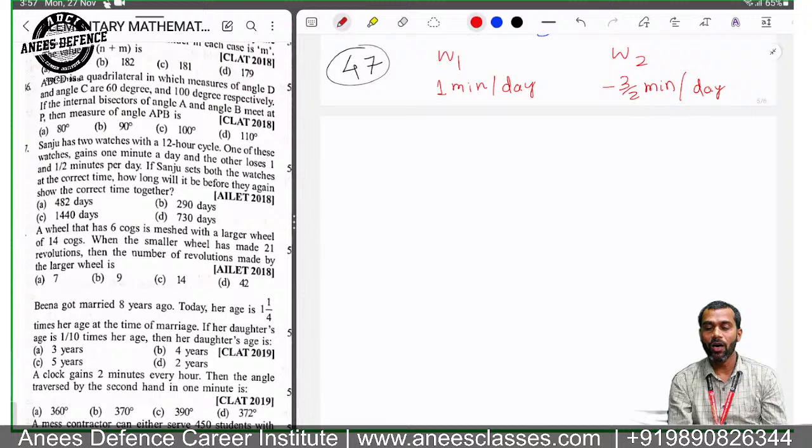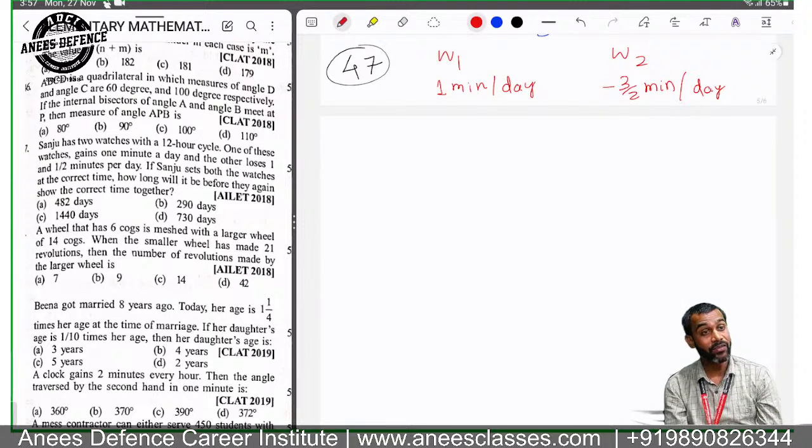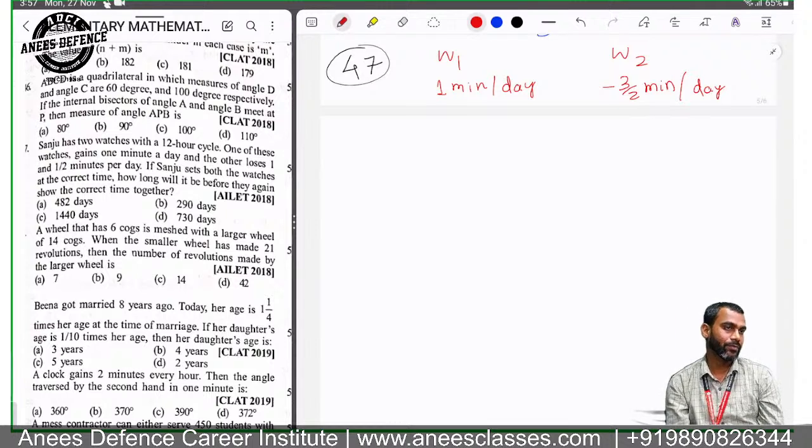We need to find out after how many days watch 1 will show the correct time, and similarly, after how many days watch 2 will show the correct time. And then we need to find out the LCM. Understood? Because at the same time, we need to find out after how many days both of them will show the correct time. Are you getting? It is similar to that wheel question, the green spot one.